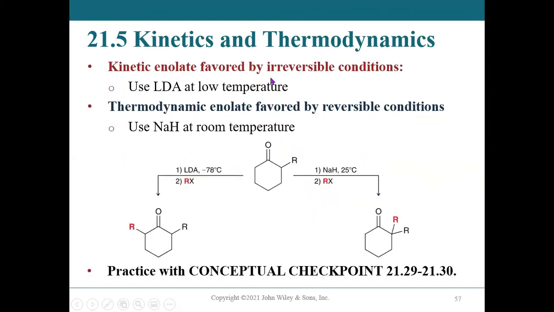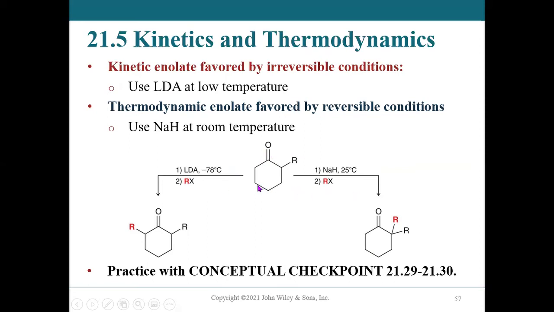Kinetic enolate is favored by irreversible conditions using LDA at lower temperature. Thermodynamic enolate is favored by reversible conditions, using NaH at room temperature. So here are the two approaches.